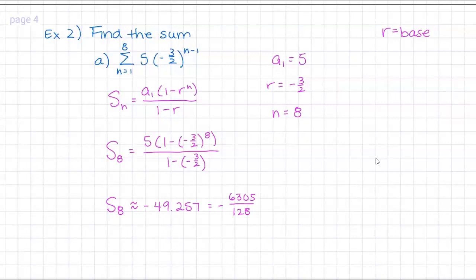If you're using a TI graphing calculator, when you get that decimal answer on your screen, if you hit the math key, there's an option number 1, and it looks like this.